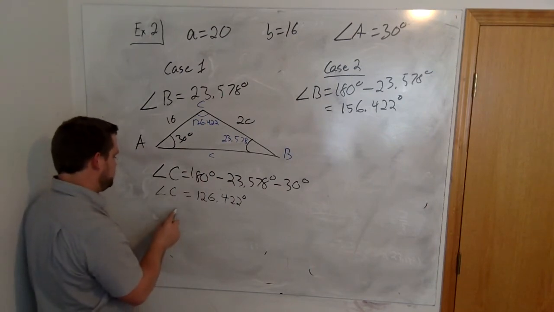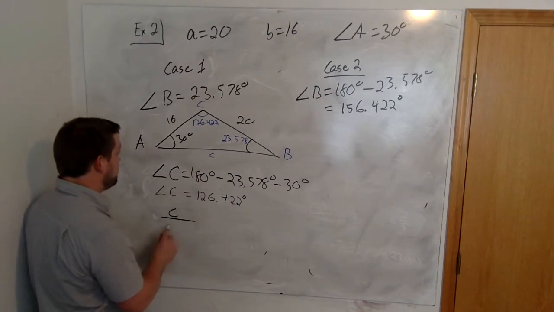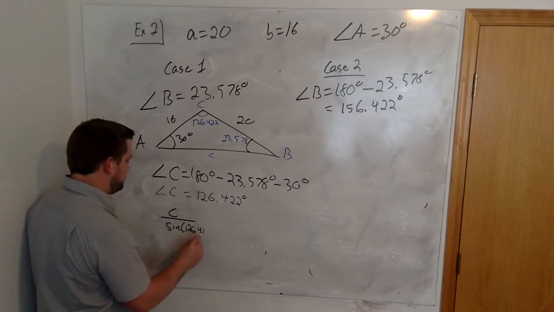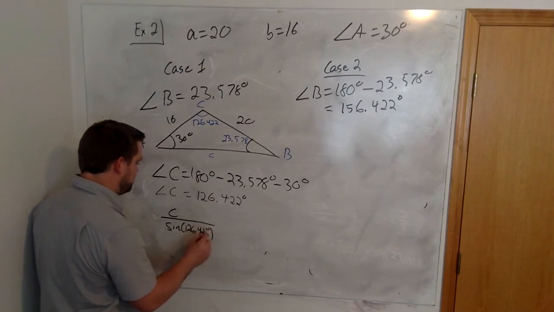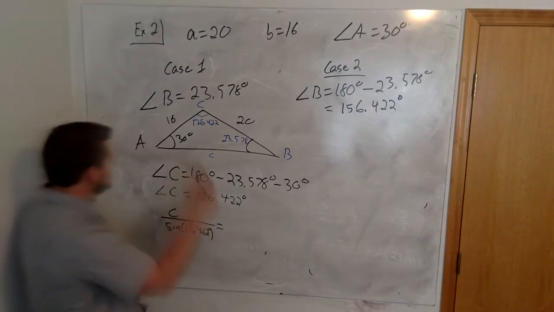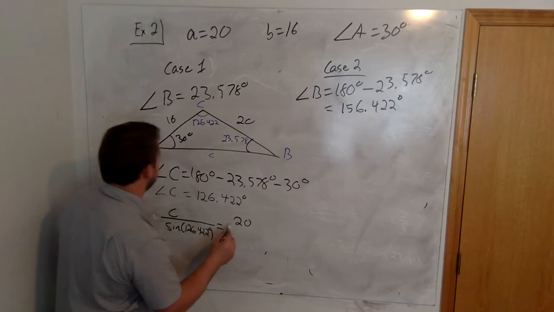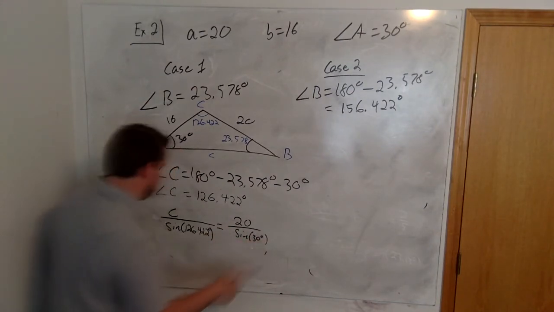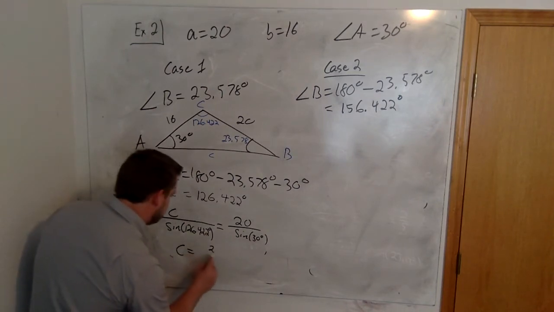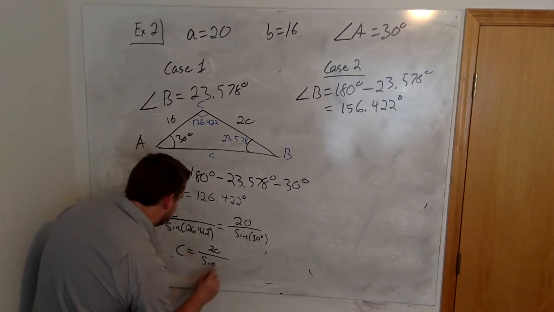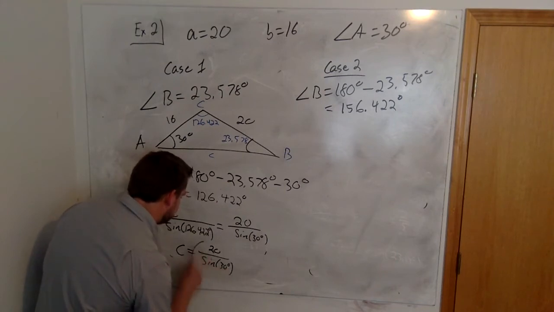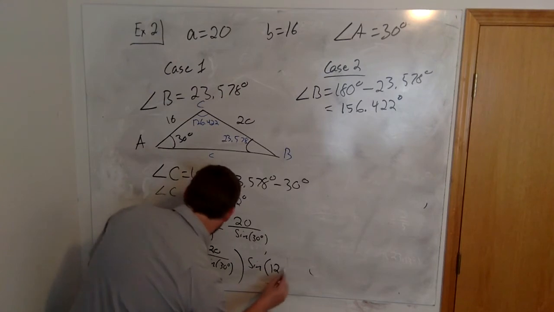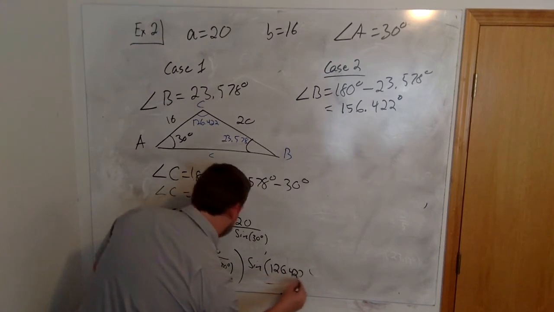Okay, so now we can figure out side length C. C over the sine of 126.422 degrees is going to be equal to, let's use 20 over the sine of 30 degrees. So C will be equal to 20 over the sine of 30 degrees times the sine of 126.422.